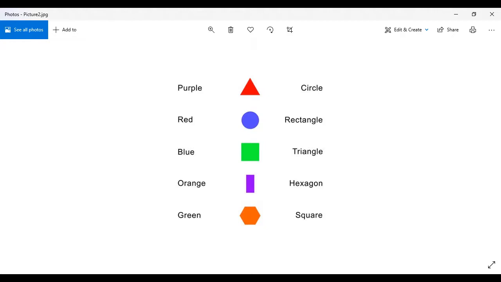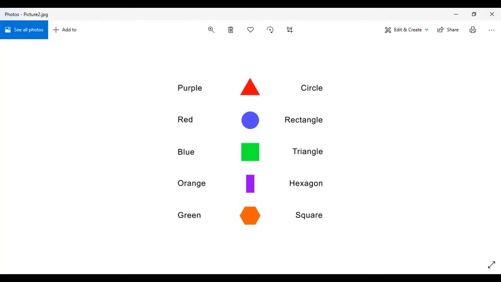It's a square. Excellent. And where is square written? On last. Very good. Then what is the color of it? Green. So where is green written? On the last again. Very good.